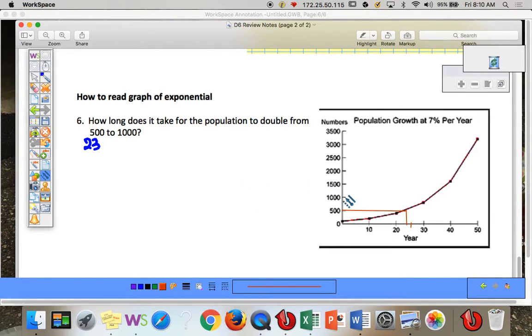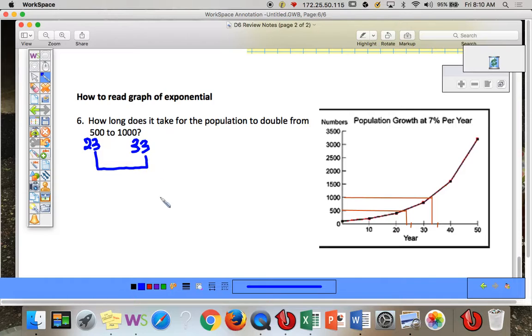So I'm going to go over and down. And again, I'm just estimating off my graph. If this is about 35, that looks like about 33 years. So from 23 to 33 years, it takes about 10 years. All right, here for the population to double from 500 to 1,000 if the growth rate is at 7% per year.